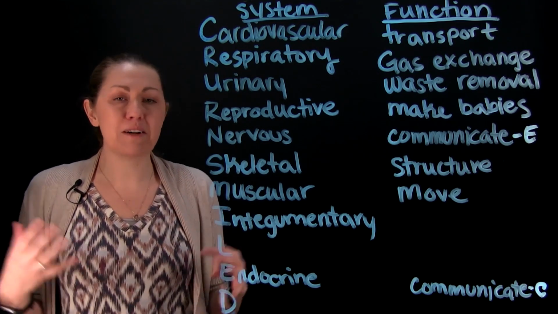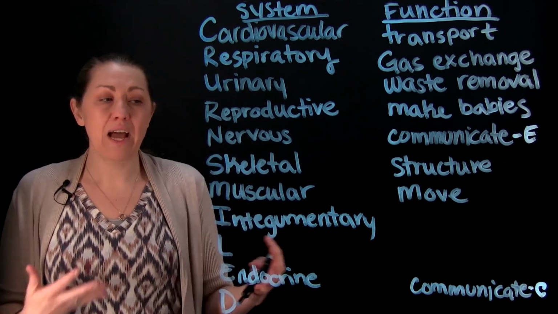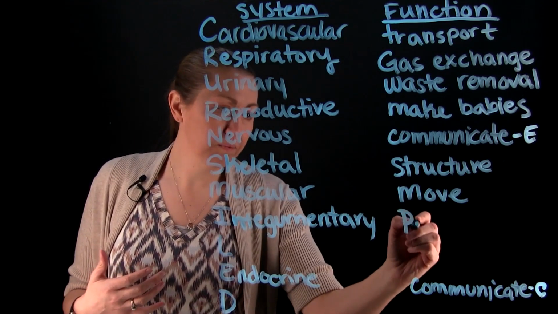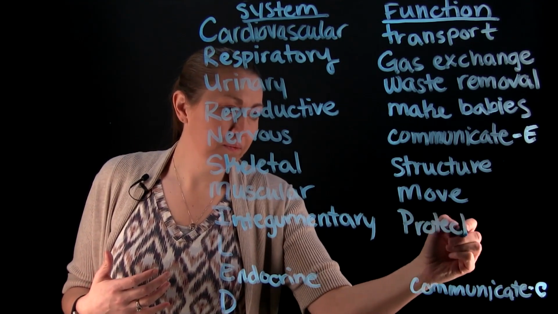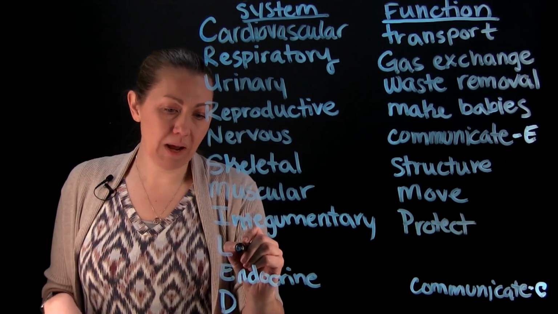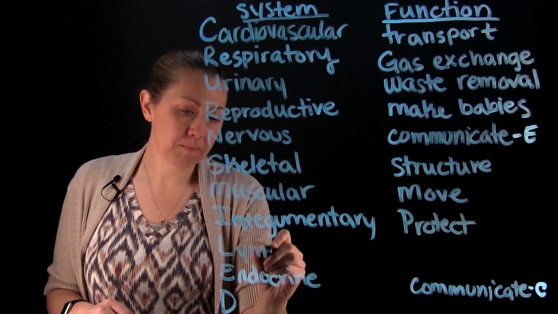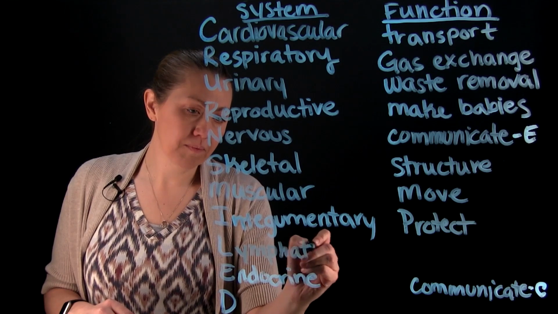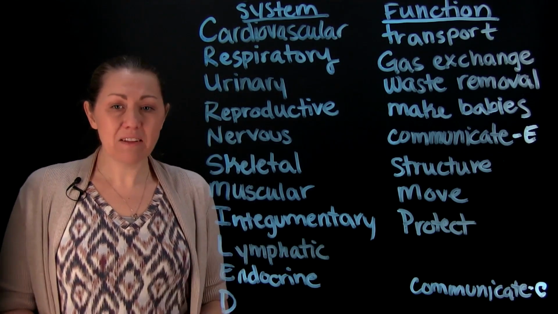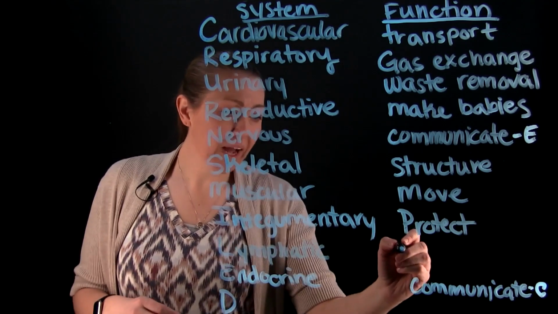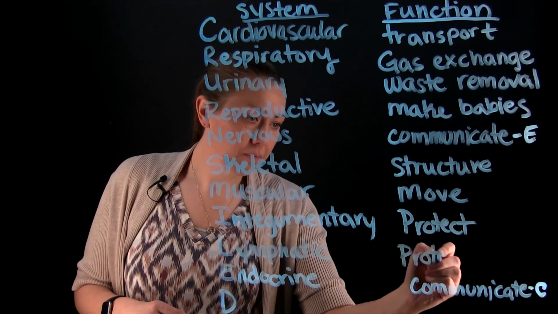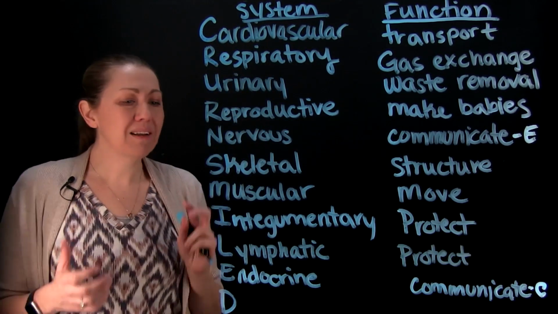So with the integumentary system being all of the external things, it does have a role in protection. But so does the next system down. That's your lymphatic system. So the lymphatic system is also a protective system, but it does it a little bit differently.